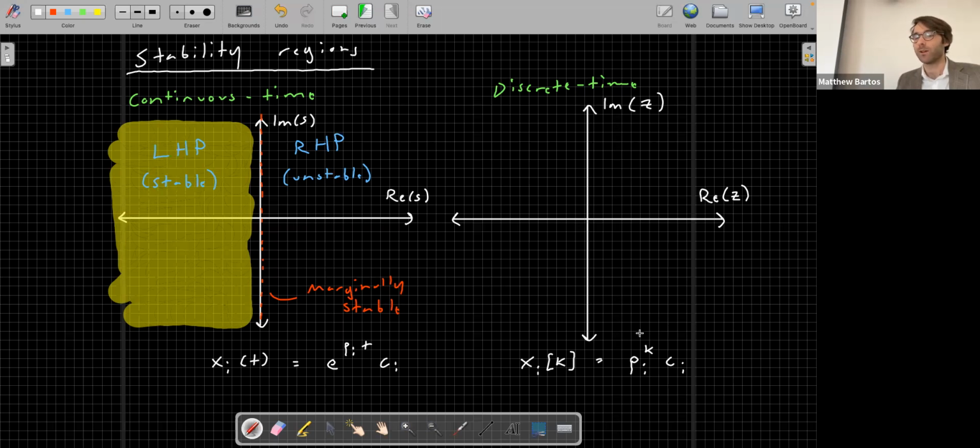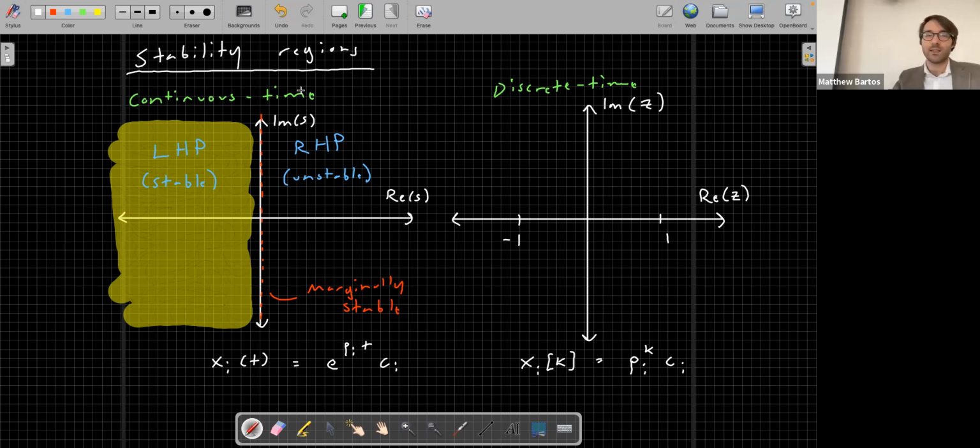First of all, what values of p_i will tend towards infinity as time k goes to infinity? Greater than 1. So we can draw here on the real axis 1 and -1.